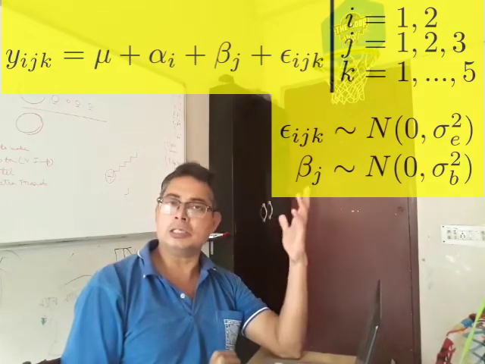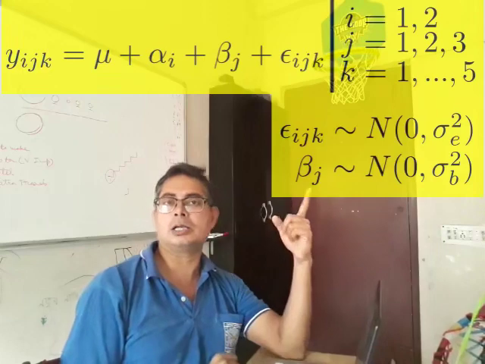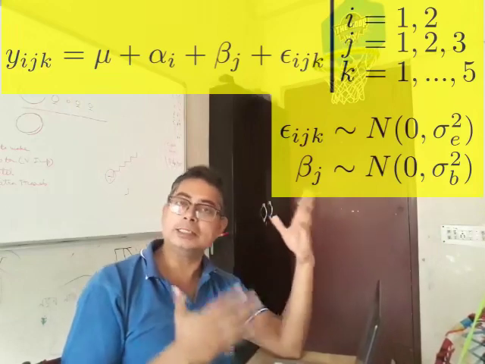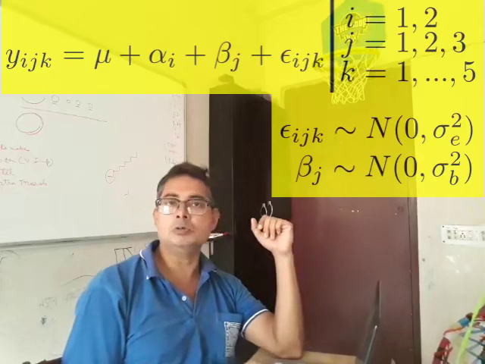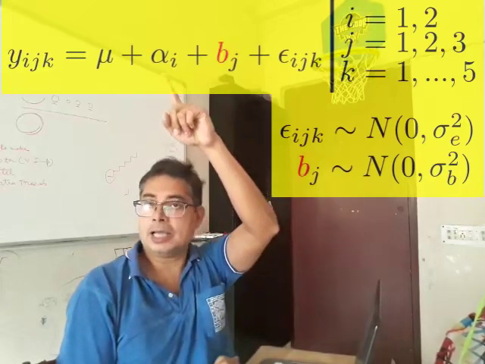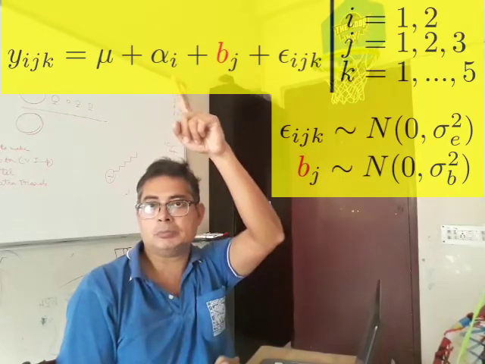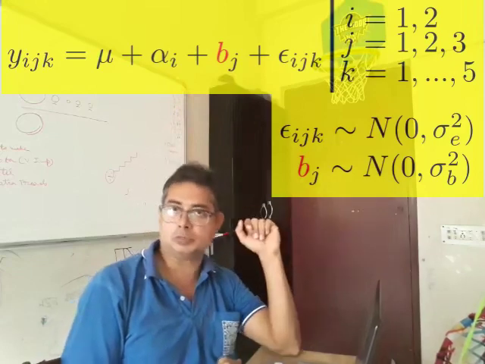Now when I write it in this way, it is customary not to write the Greek letter beta, because beta ceases to be a parameter. So we typically use the English letter b. So alpha_i remains an unknown parameter. These are random quantities and they have this distribution.